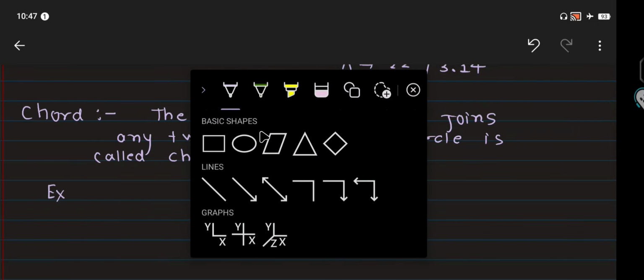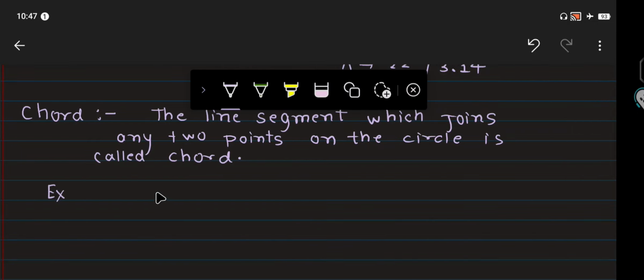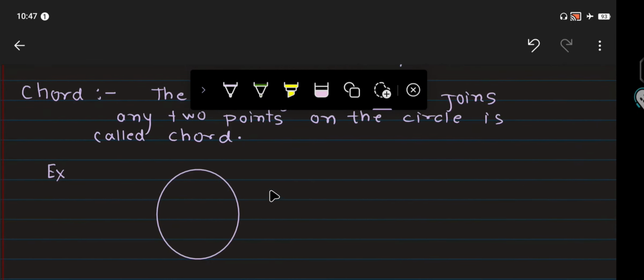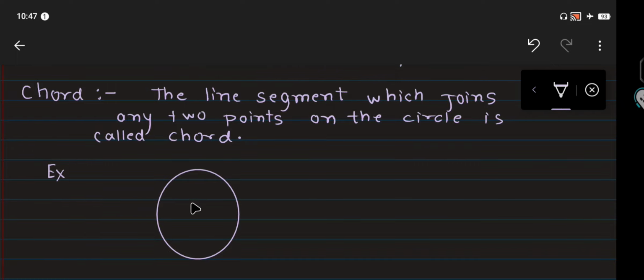Let's take an example to understand it. So this is the circle, and I have these 2 points here, point A and B. If I join these 2 points with a line segment like this, it will be a chord.